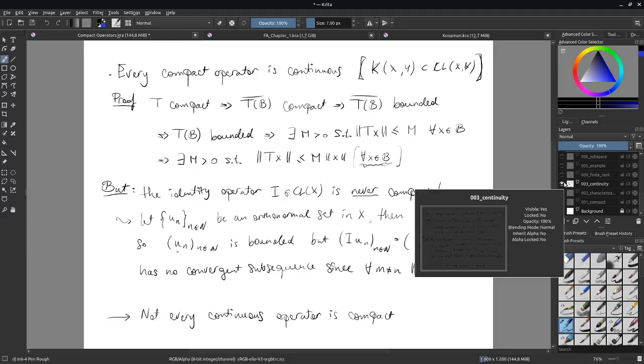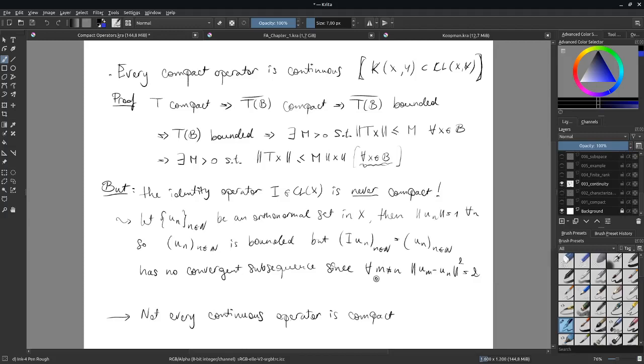One first property is that every compact operator is continuous. In other words, the set K(X,Y) is a subset of the set of continuous operators, CL(X,Y), and in functional analysis continuous for an operator just means that it's bounded.